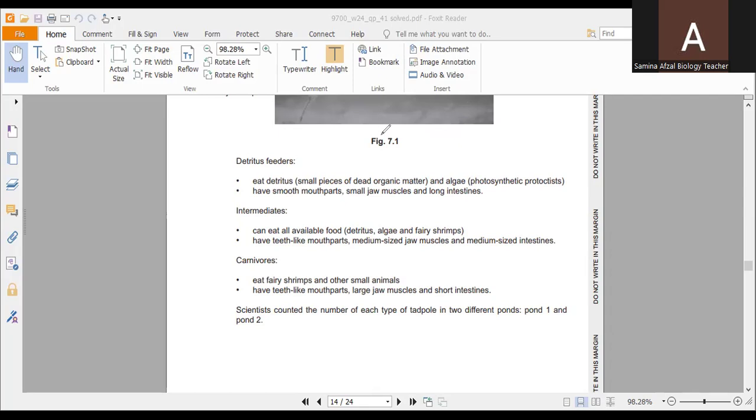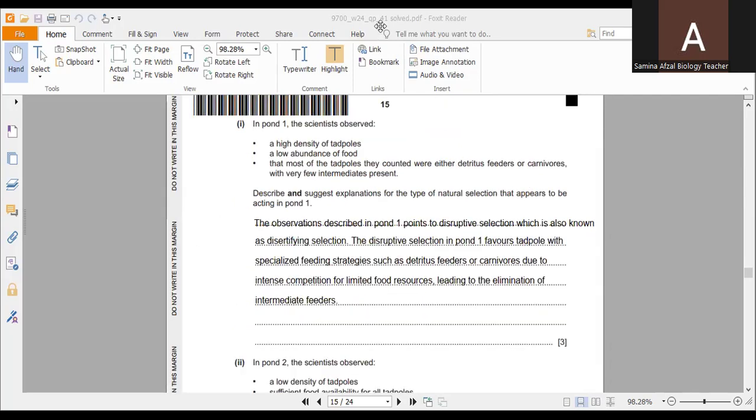Now we will move towards the question. In ponds 1 and 2, first of all, in pond 1, the scientists observed a high density of tadpoles.